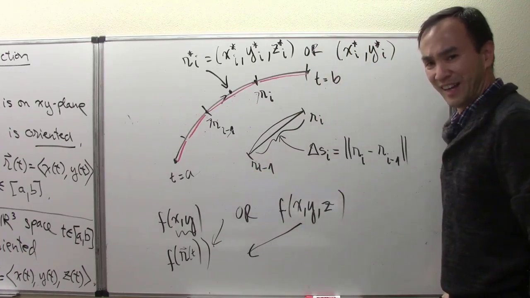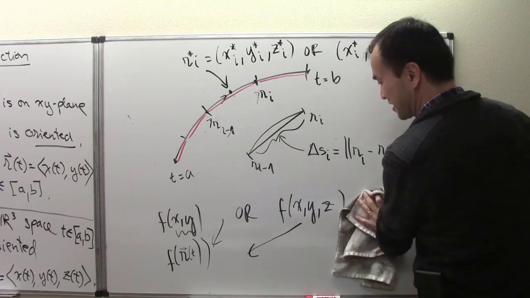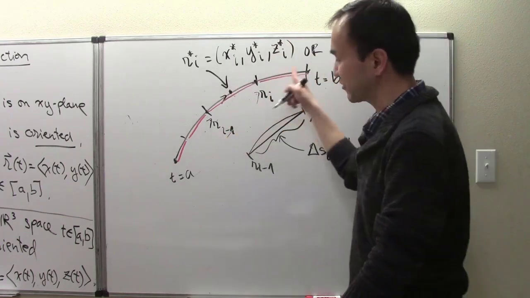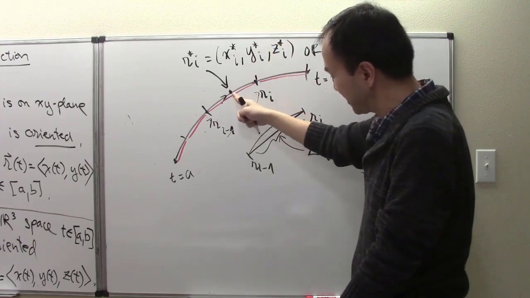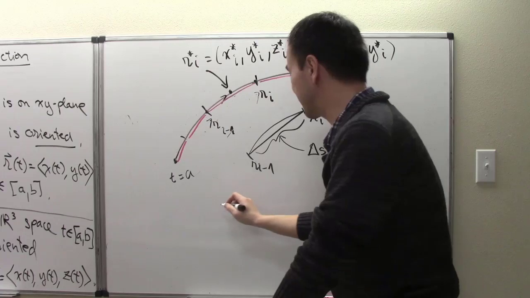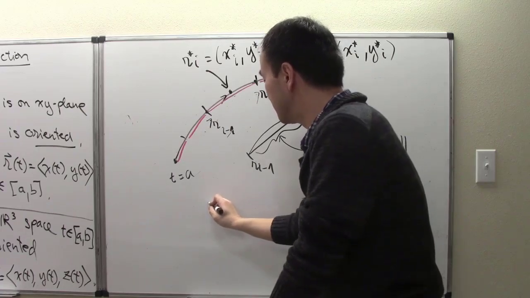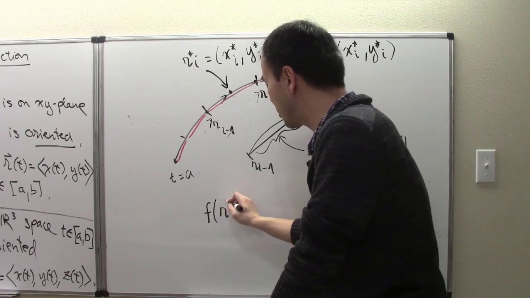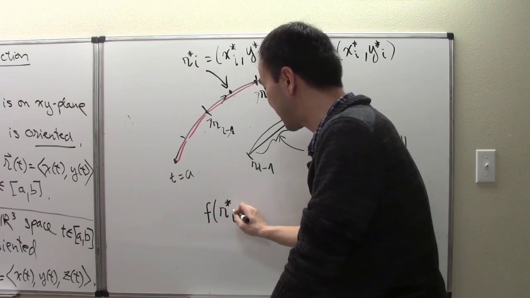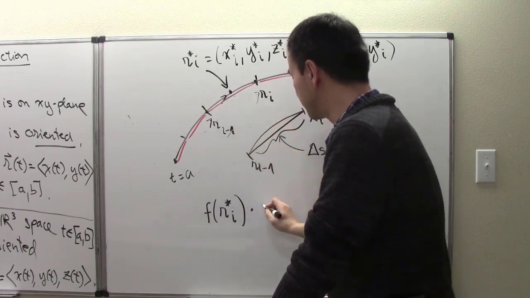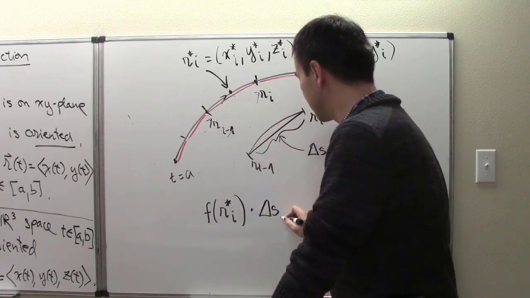And so in this case, this is how I'm seeing it. Back to this arc right here, in 2D space or 3D space, pick a point like this. We call that point r star i. Then we're going to multiply the scalar function's value at that point, r star i, with this length right here, delta S sub i.